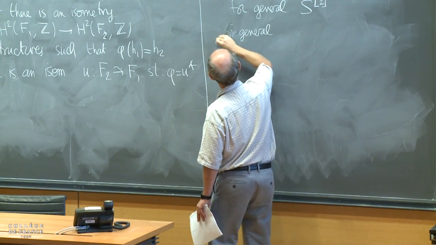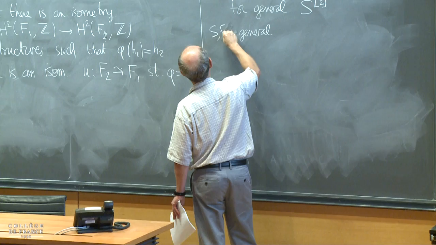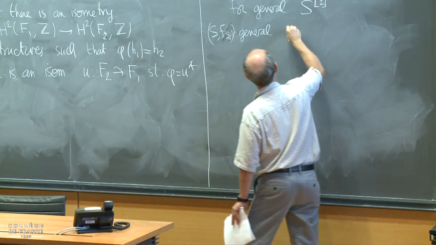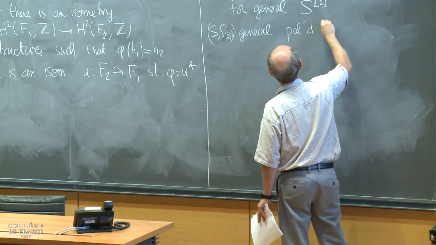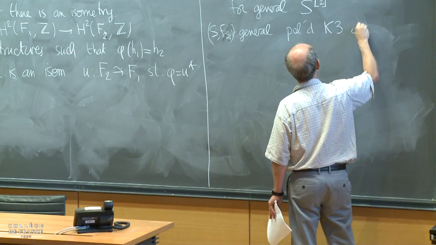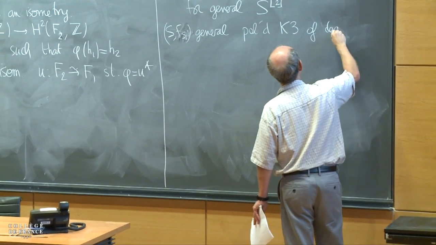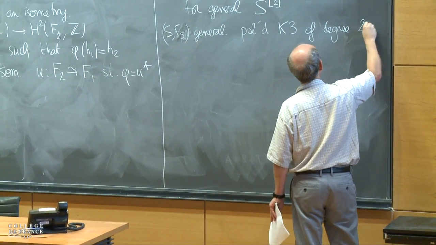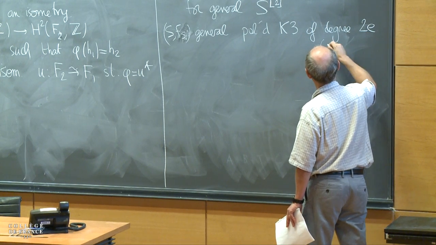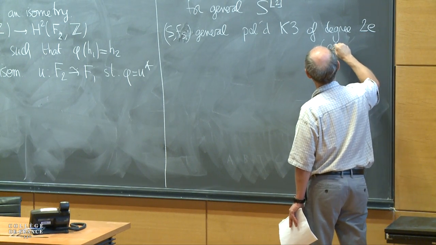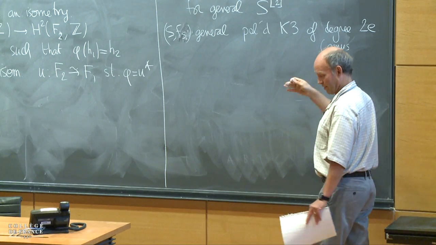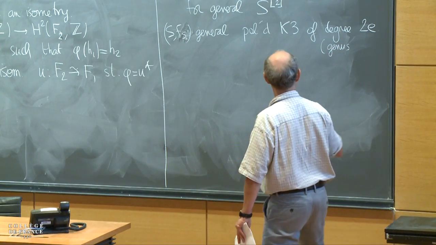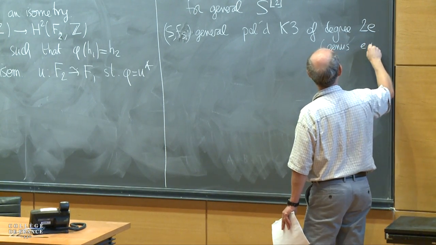So let's say S, H is a general polarized K3 of degree 2e. I guess that's in Gabi's terminology, or is it not his, but classical terminology is genus e plus 1, I guess.